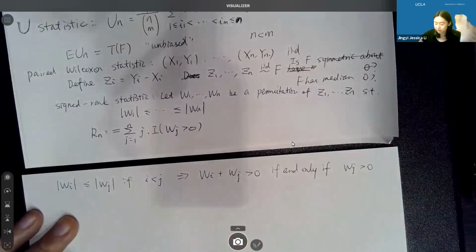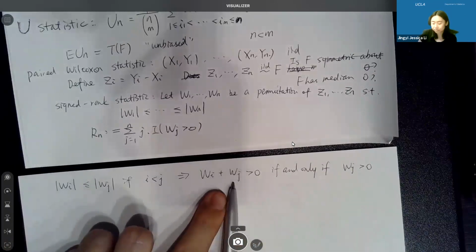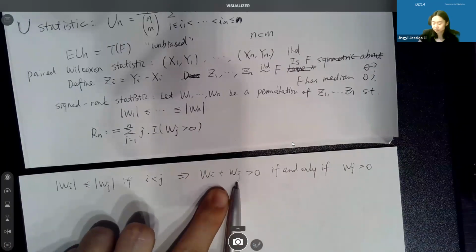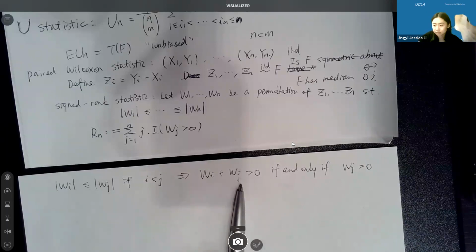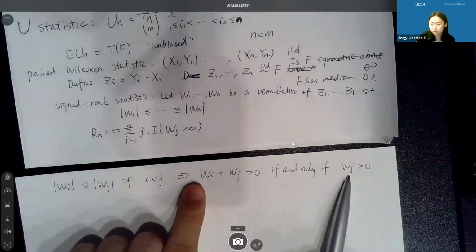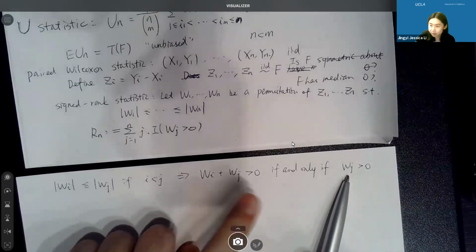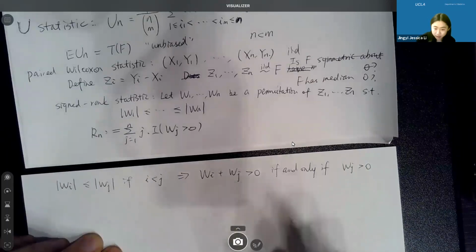So the sum is positive only when the larger absolute value is from a positive. Otherwise, it couldn't be positive. If Wj is negative, no matter what sign Wi has, the sum cannot be positive. So this equivalence is very important.